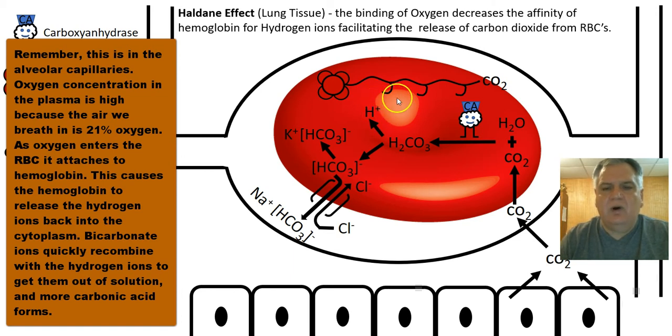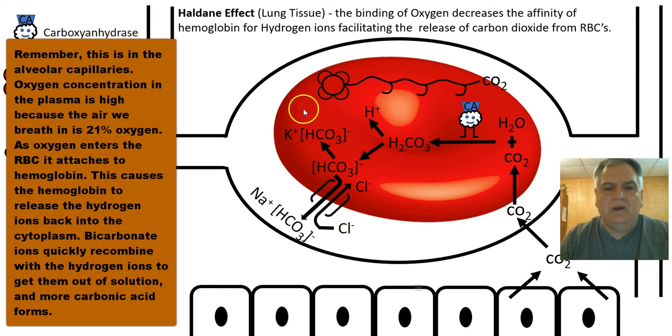The hemoglobin molecule then is going to change its shape, and when it changes its shape, the binding of the oxygen is going to decrease the affinity of this hemoglobin molecule for these hydrogen ions. They're going to fall off. They're going to combine with bicarbonate ions to form the carbonic acid.